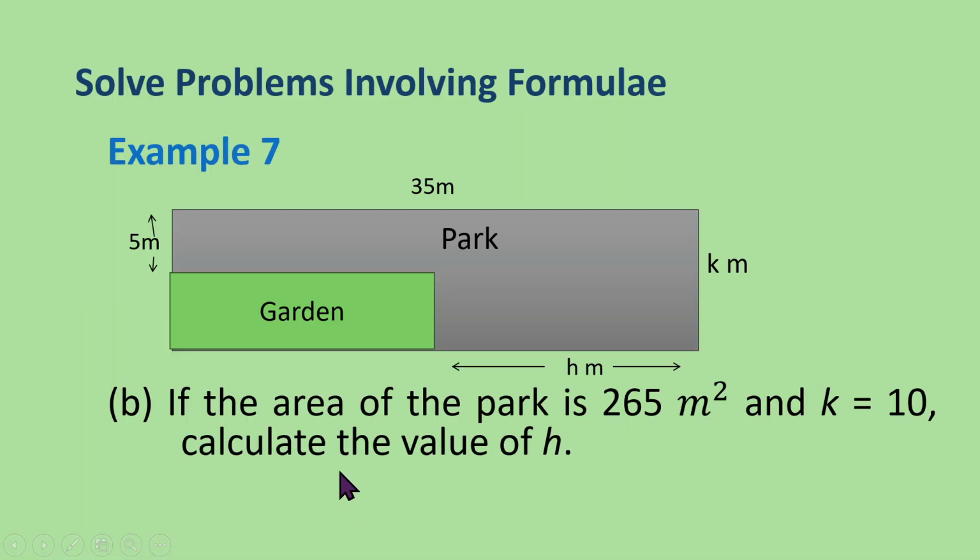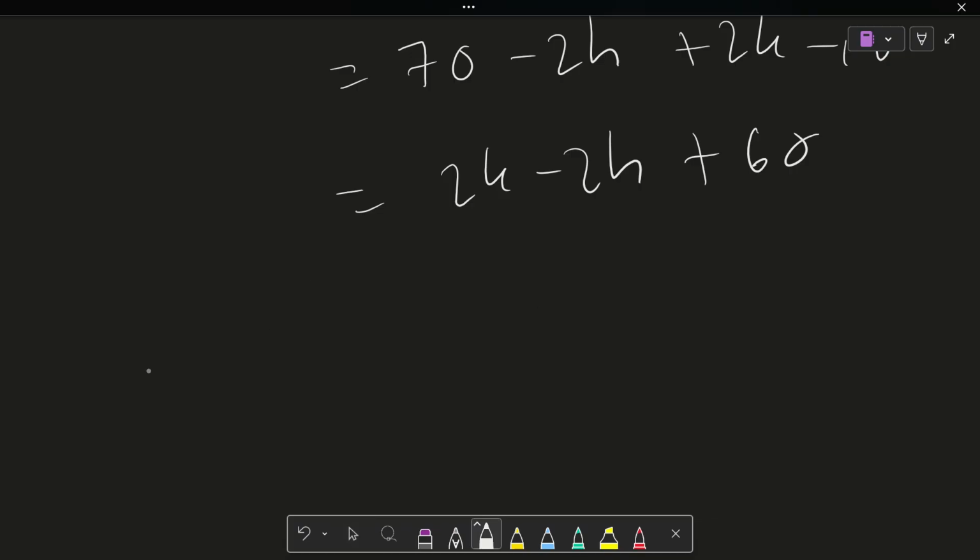Now, part B, if the area of the park is 265 meters square and k is 10, calculate the value of h. So basically, we need to find h. So you need to find the area of the park. Now the park, okay, this is the park.